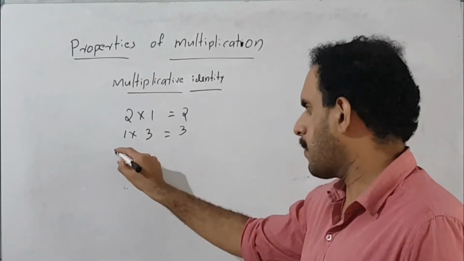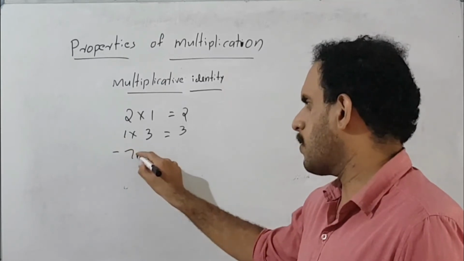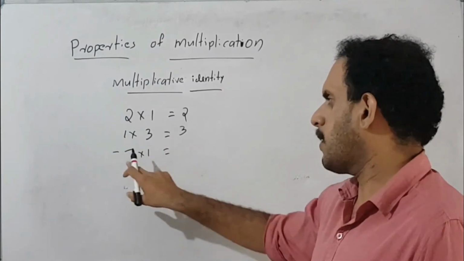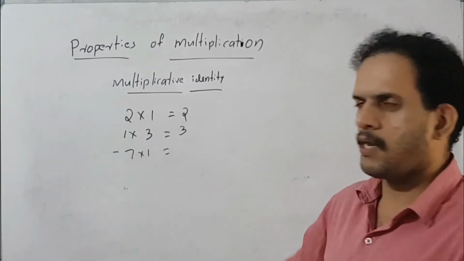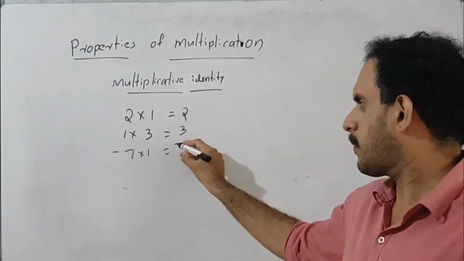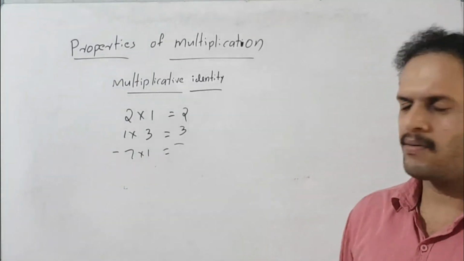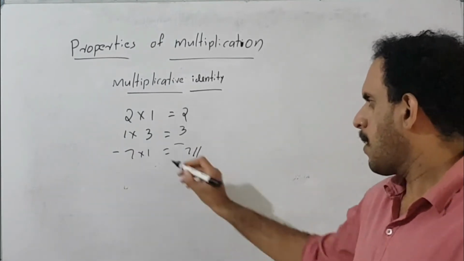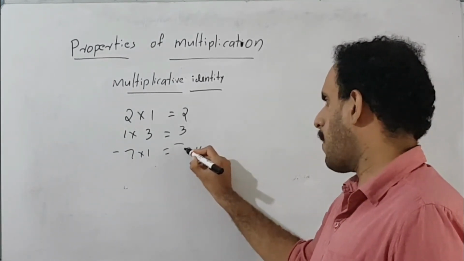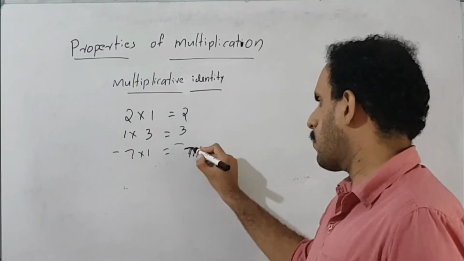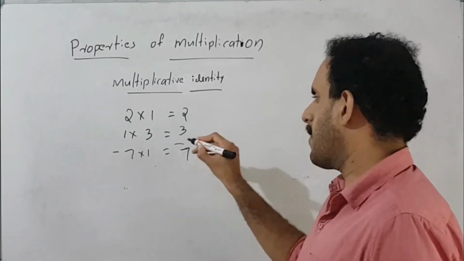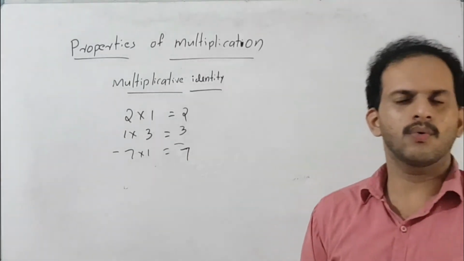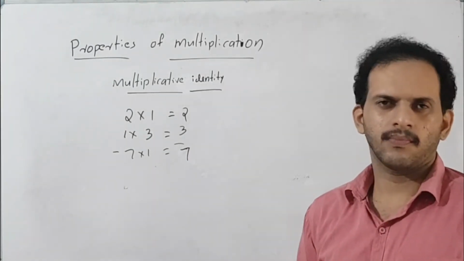Then I multiply here minus 7 into 1. Here we multiply one negative and one positive. The answer is negative. Correct? Then 7 into 1 is 7. Then the answer is minus 7. So minus 7 into 1 is equal to minus 7.